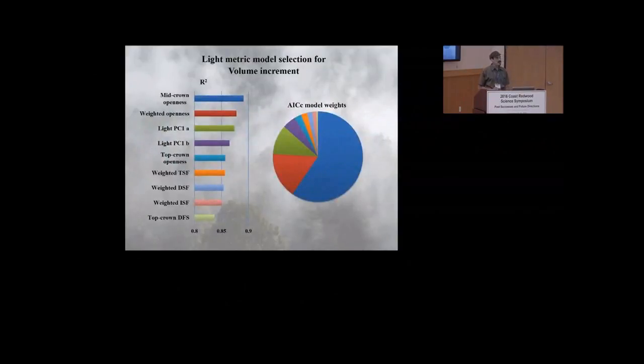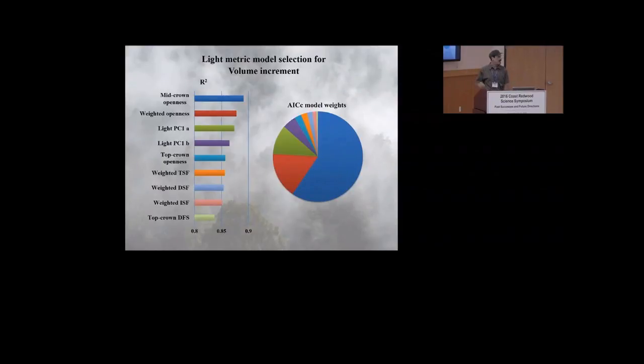We did a model selection process to answer the first objective, what's the best light availability metric. And on the left we have the R-squared of the various models. They were all the same except for their light availability term. And on the right is the AICc model weights, which is just a way to compare a set of models.